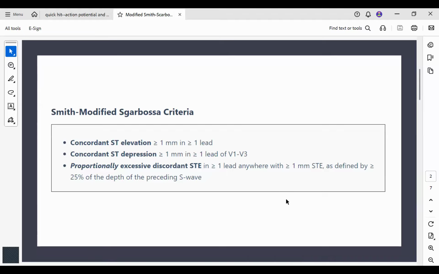And then the final one is proportionally excessive discordance. That means the opposite side, right? Opposite of ST elevation in greater than 1 lead with ST elevation, defined as greater than 25% of the depth of the S wave. But let's look at some of this.